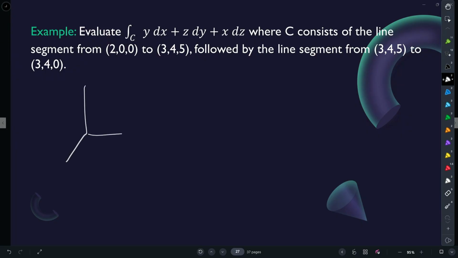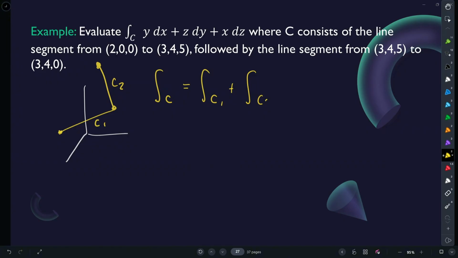So this is somewhere in 3D. It goes from some point, and then from some point to some other point. So when you have that, there's two very distinct paths. So we do one path, and we do the other. The integral over the whole path is going to be the integral over the first path plus the integral over the second path.